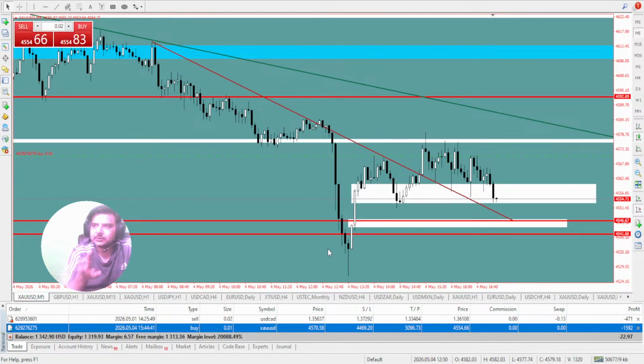Maybe a wick down and a sudden jump. Oh, if this is the situation, then it will create a pattern right here.